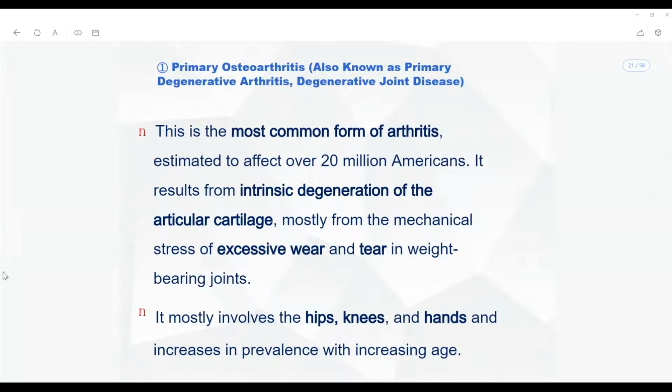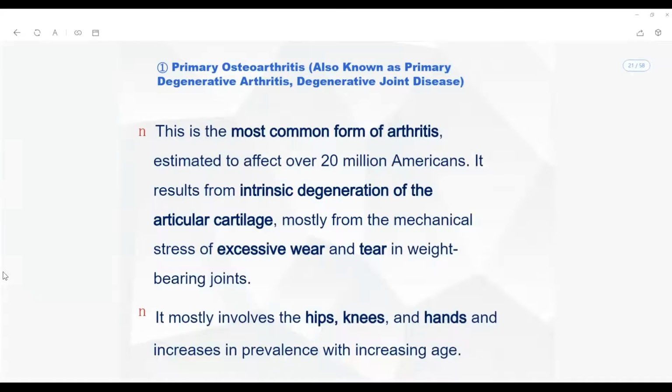Over and over abuse, erosion, or friction along the articular cartilage will eventually cause it to degenerate. So it is also known as primary degenerative arthritis, which means it is a chronic condition related to the advancement of age.